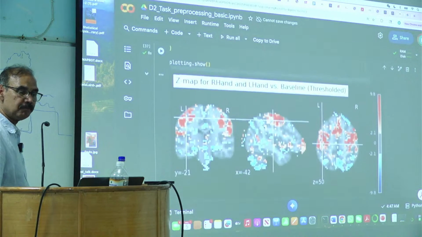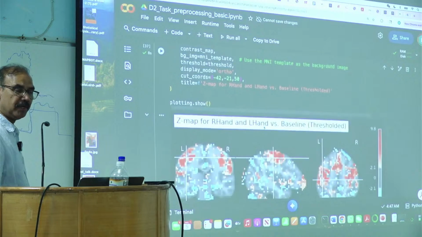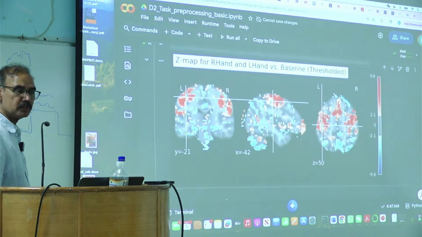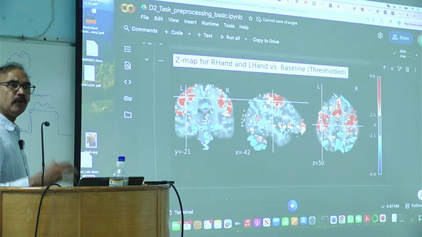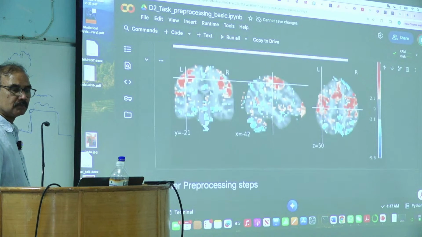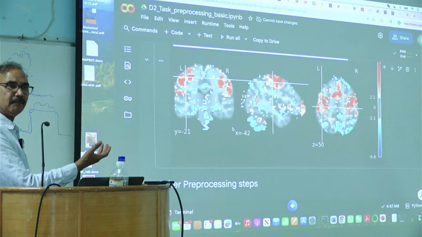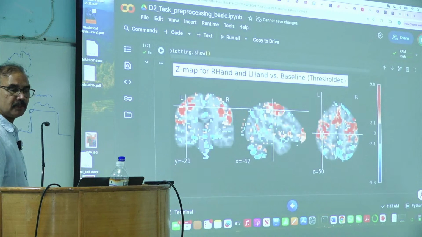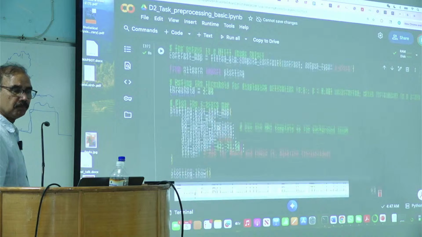So I changed the threshold value, right? Before it was 3, now I use 2. Which one would you use? Which one gives better image? This one or what I just showed you before? This one is with a threshold of 2.